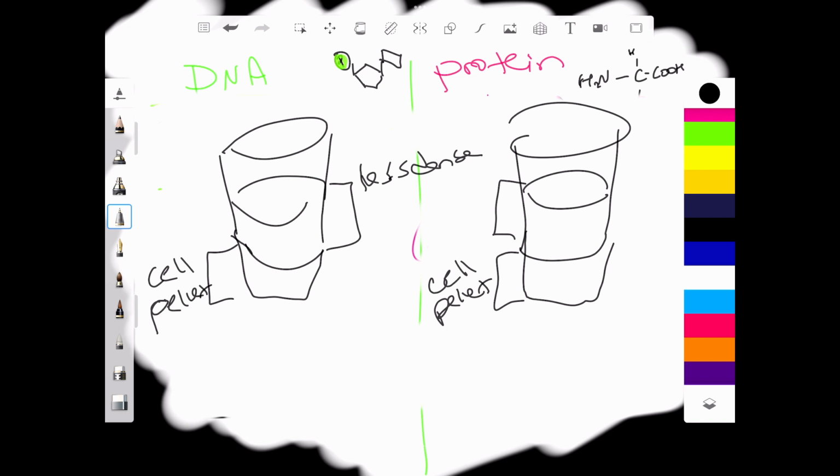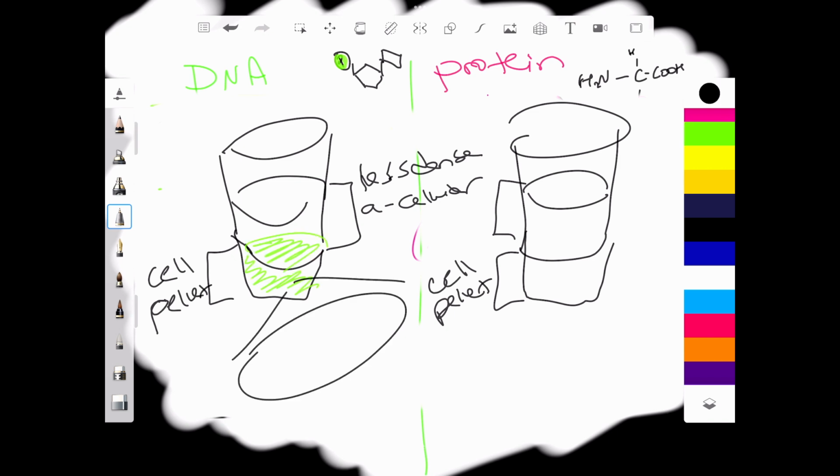So they were looking to see whether or not they saw radioactivity in the cell pellet, which would mean that whatever was radioactive was in the cell. And when they looked in each experiment, they saw radioactivity in different layers. In the DNA experiment, they saw radioactivity in the cell pellet.